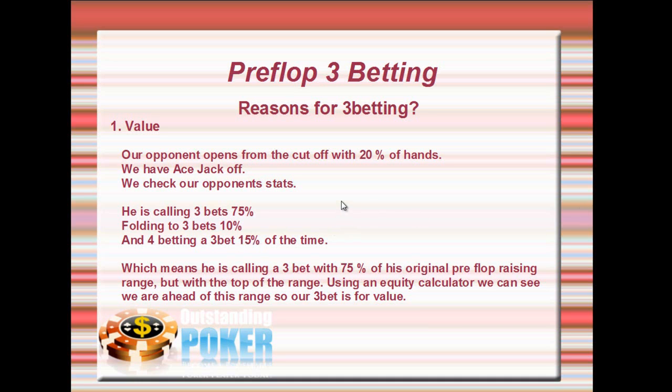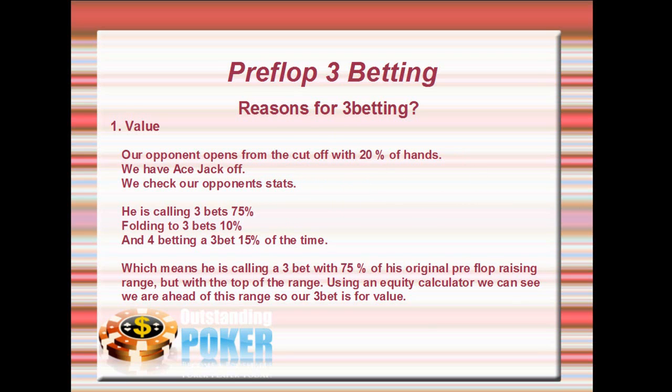I decided I'm going to show all these different ranges using an equity calculator, and this is a little bit more realistic. Obviously, you're still going to get some players that are calling 75%, and these are the players that we will be 3-betting for value.